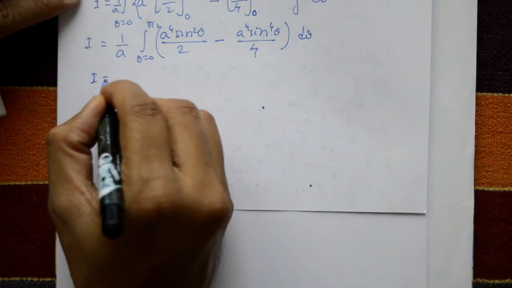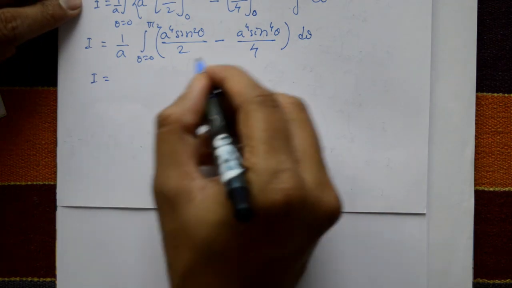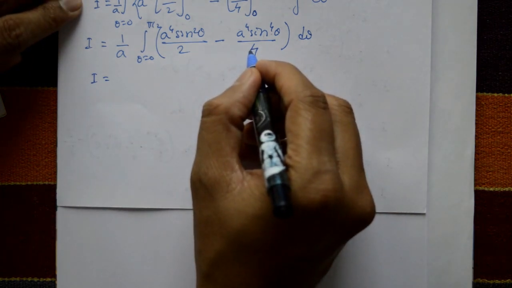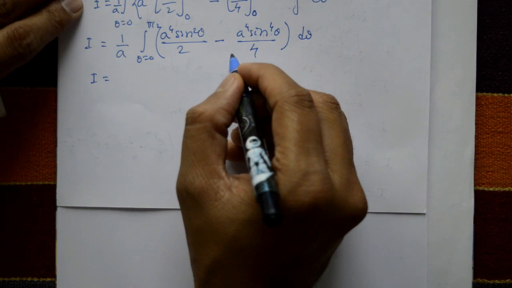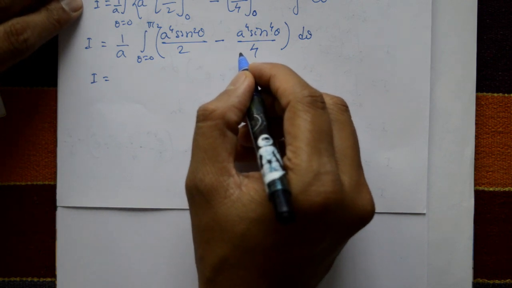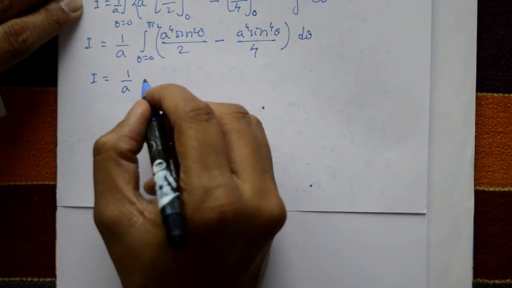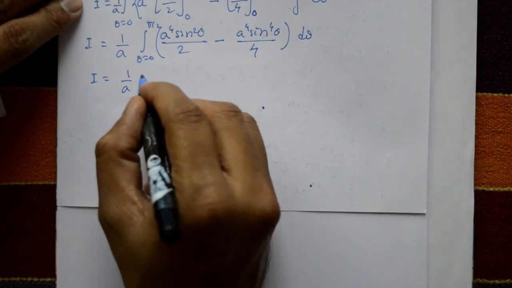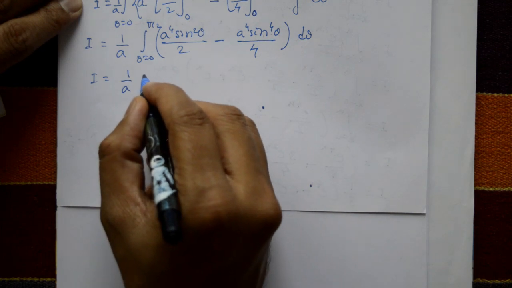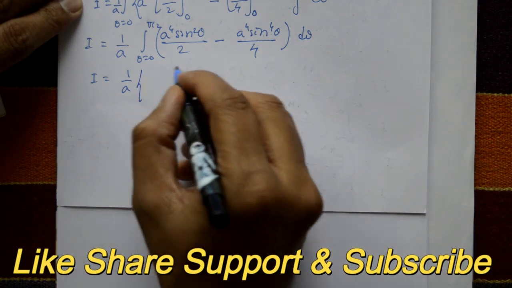Now I is equal to, I'll take 1 by 4 outside, and 1 by 2, 1 by a, and separate the terms.